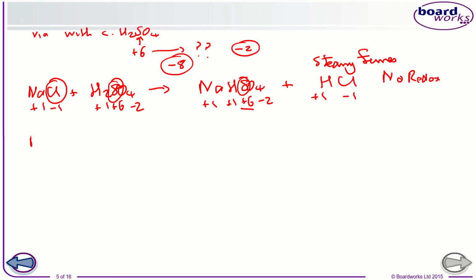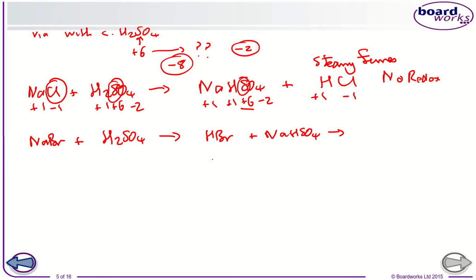Right, the second reaction then is with bromide ions. We'll just use sodium bromide, that's one that's used in texts all the time. So the oxidation numbers of everything there is exactly what we had in the previous reaction. Now this time we will get a variety of products produced. We will get the same products that we had in the previous one: some hydrogen bromide, some sodium hydrogen sulfate, but this reaction continues beyond that point.